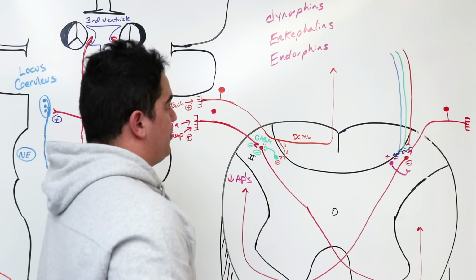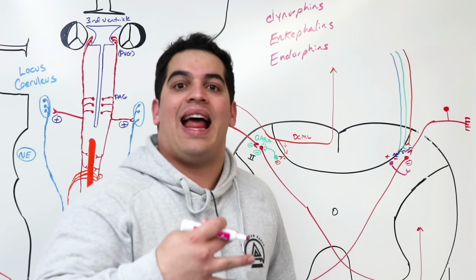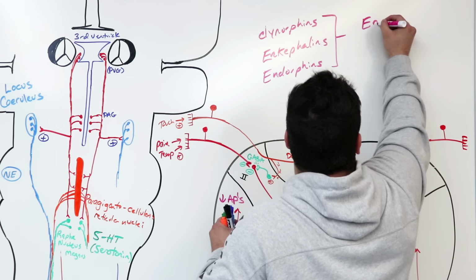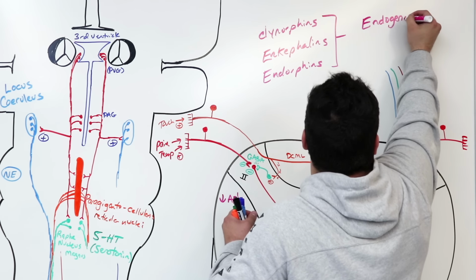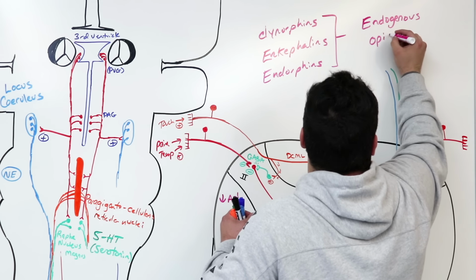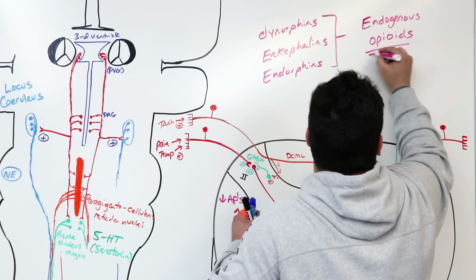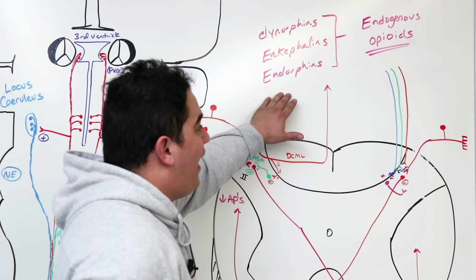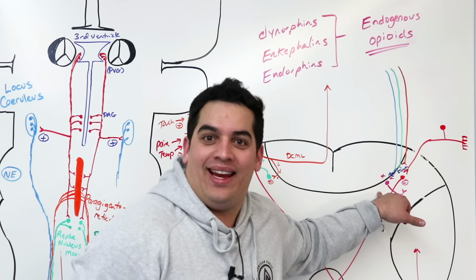All these chemicals are basically natural opioids. These are basically our endogenous, meaning that you make them inside your own body, opioids. Okay? These are endogenous opioids. So you have a way to be able to reduce pain.